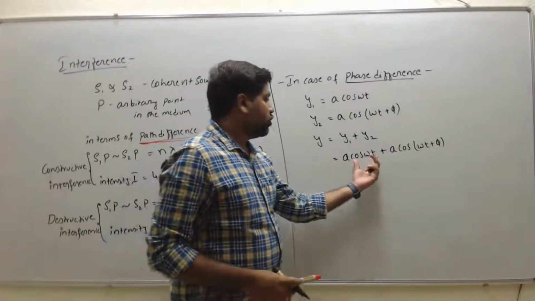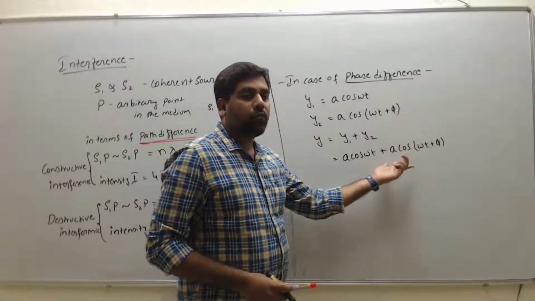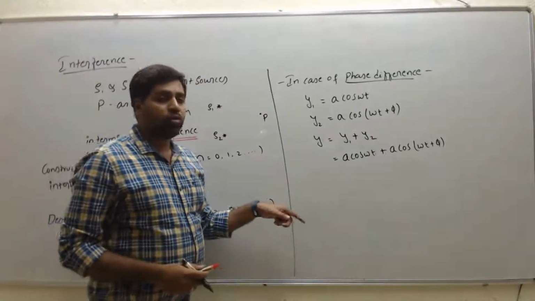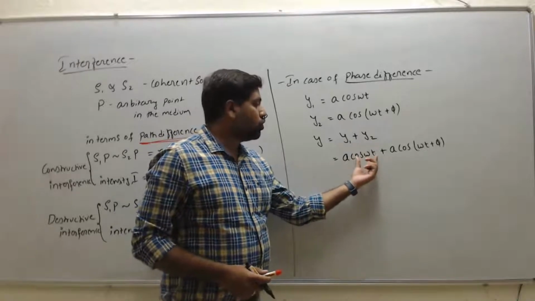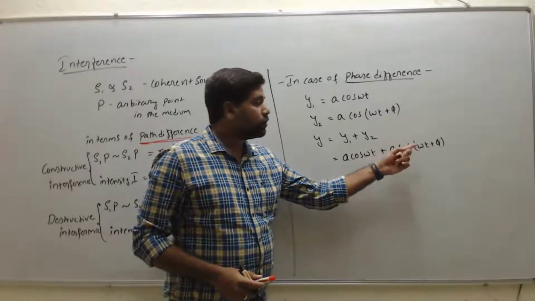Then we know the trigonometric formula for cos A plus cos B. The formula of cos A plus cos B is 2 cos of (A plus B) by 2 into cos of (A minus B) by 2.